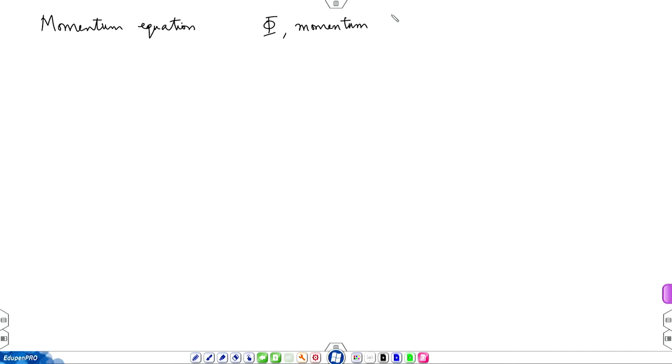That is how the evaluation is facilitated. You remember that capital phi is integral rho phi dV. Rho dV is mass, so mass times velocity is momentum.